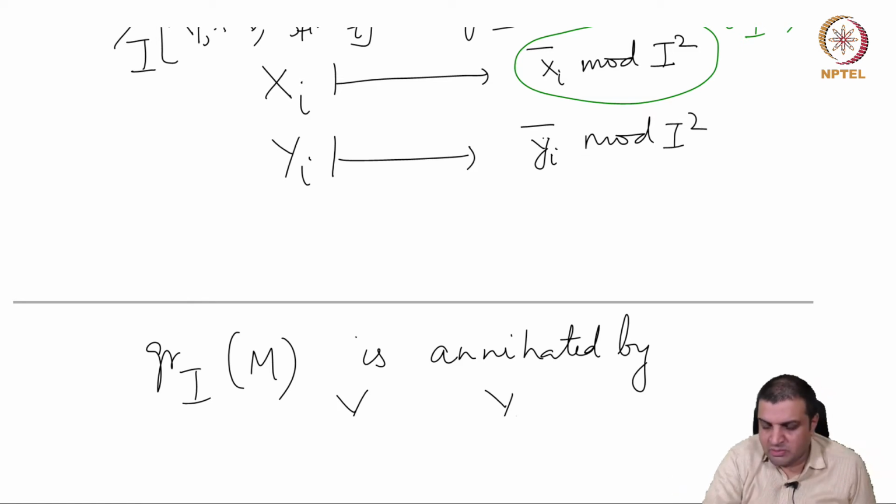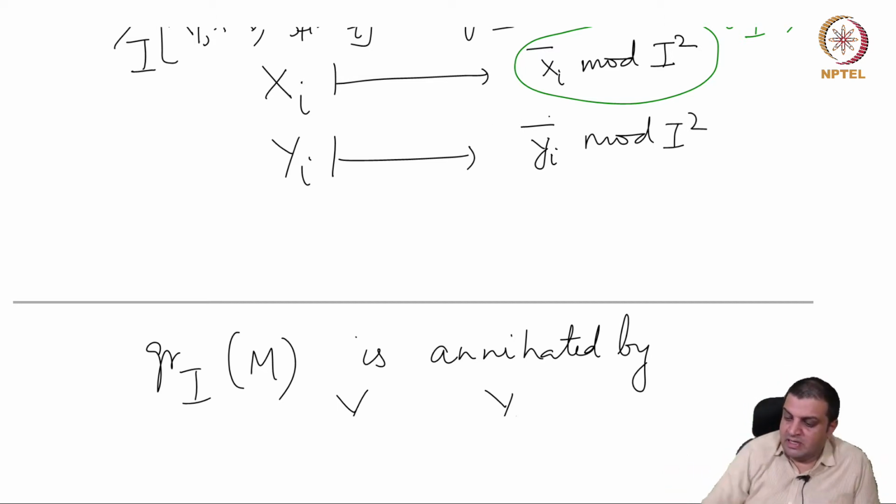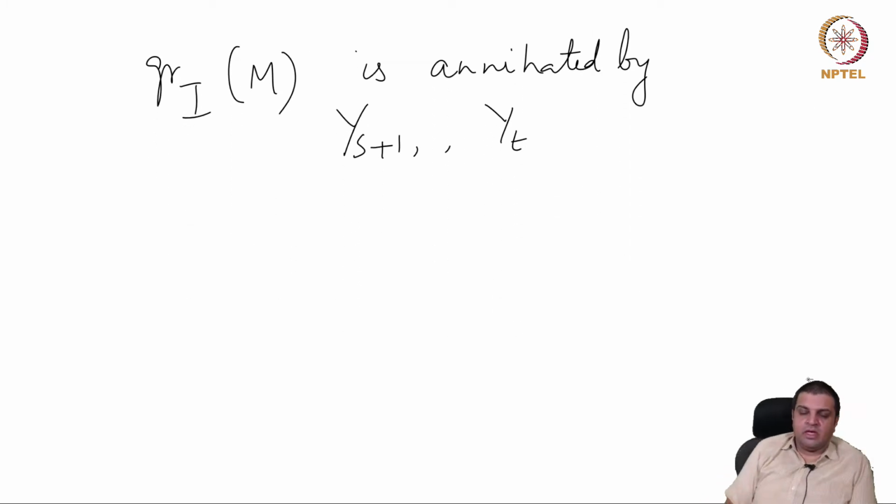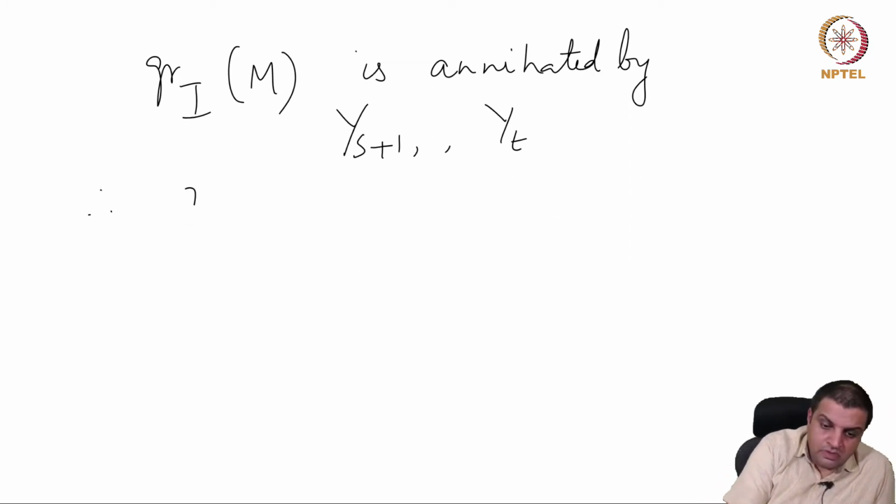The multiplication yi bar times m bar, where m is an element of M, is just the class of yi times m, but yi times m is 0. So these elements are annihilated by this.